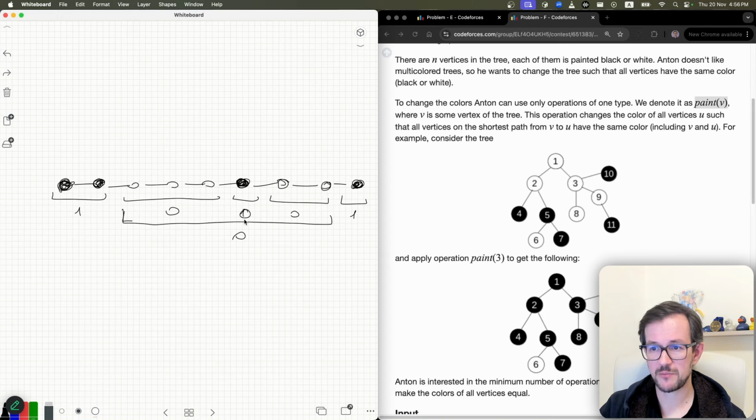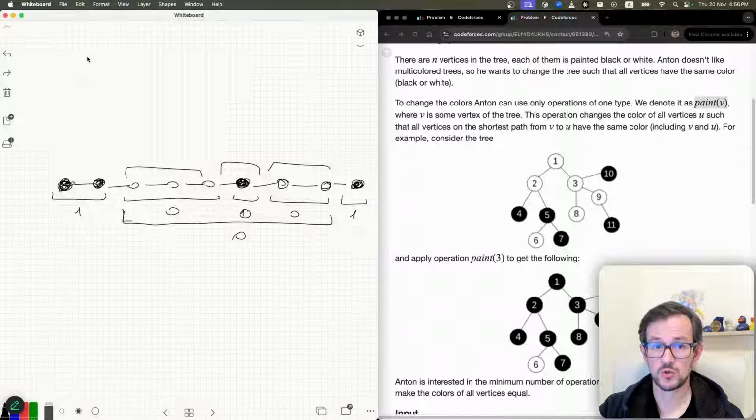So basically, in every operation, you take three consecutive segments and replace them with one segment. So you decrease the number of segments by 2. Okay, now it's clear. So you initially have k segments.